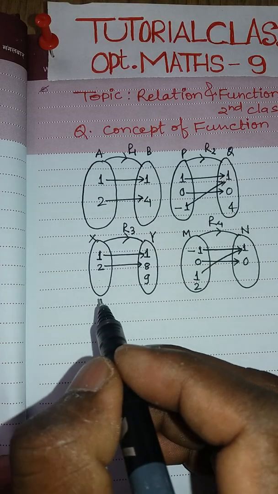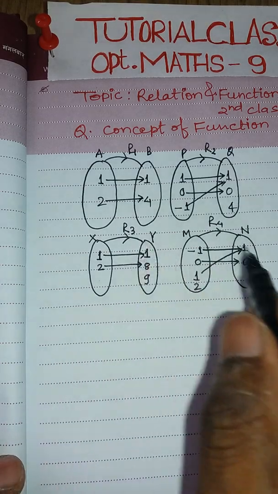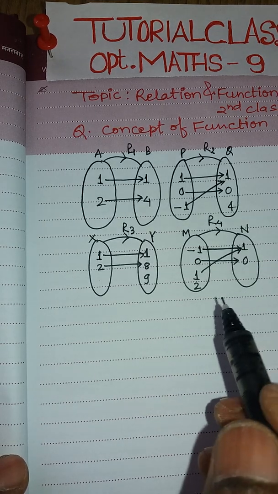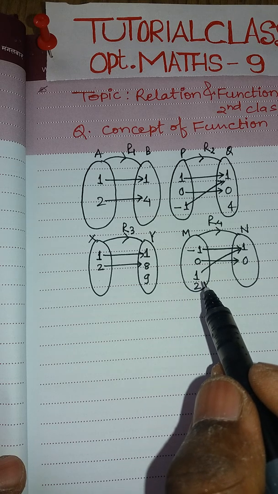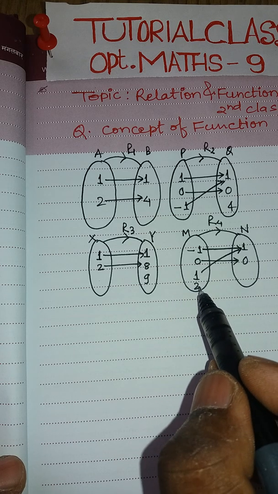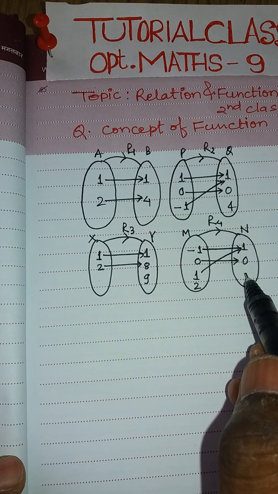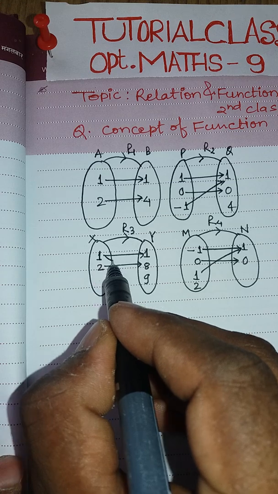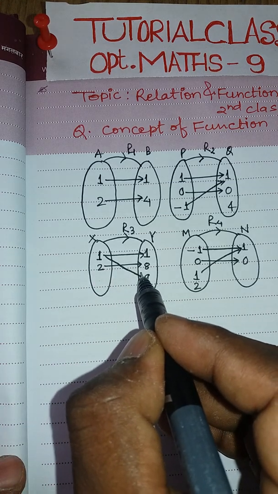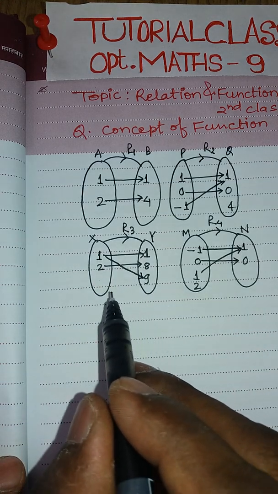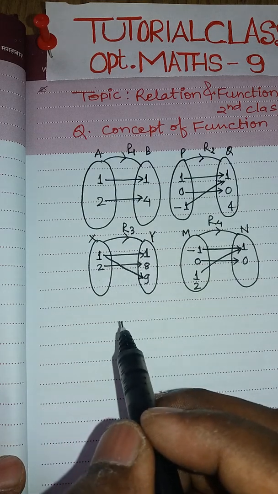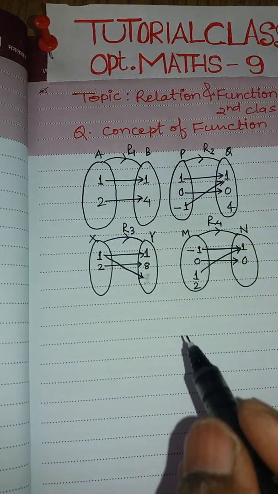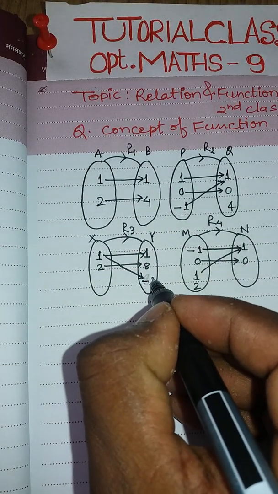In the above relations, some have a problem to be a function. What are the problems for them? Here see, 2 has no mapping, and this 1 is mapping with two different elements, this one and minus 1.